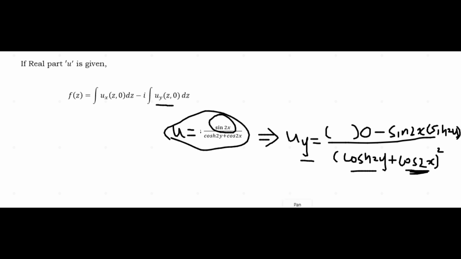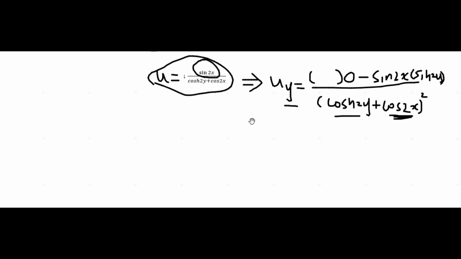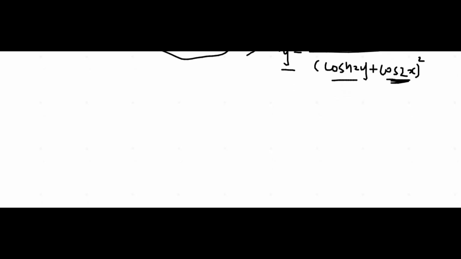After finding this uy of z comma 0, you replace x equal to z and y equal to 0.